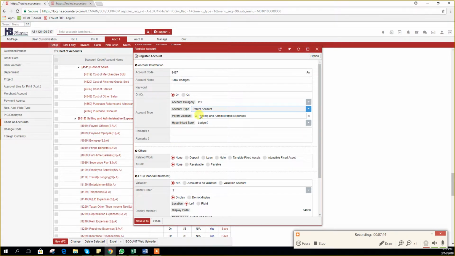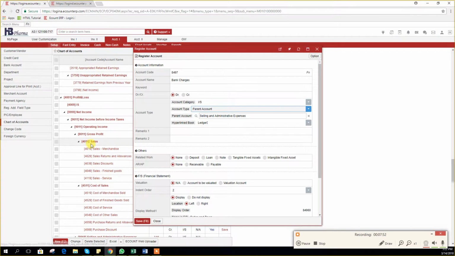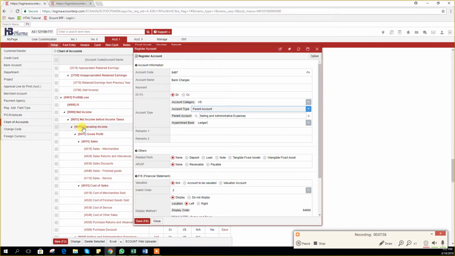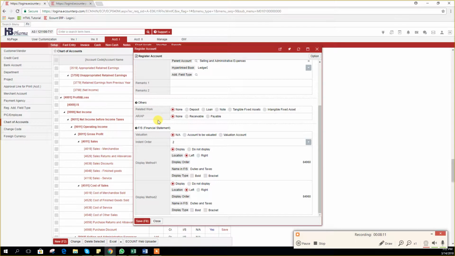If I were to create this bank charges account, this selling and administrative expenses belong to which one? It belongs to this. It belongs to net income, because this is going to calculate your net income in the income statement. Alright, so sub account.